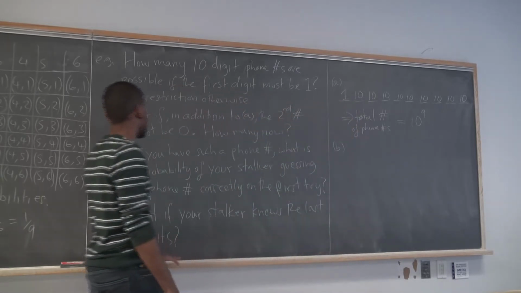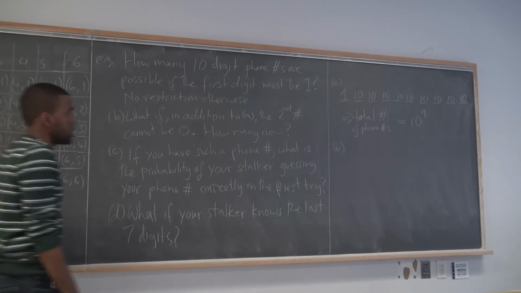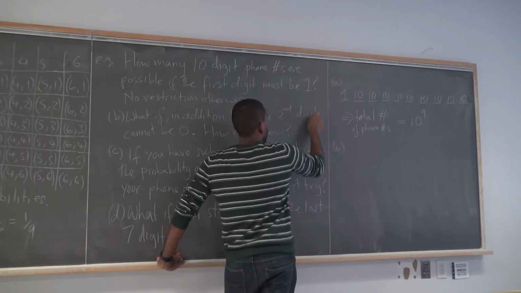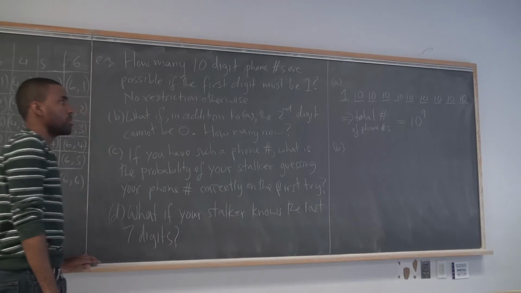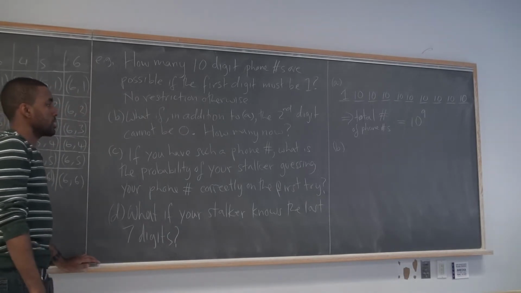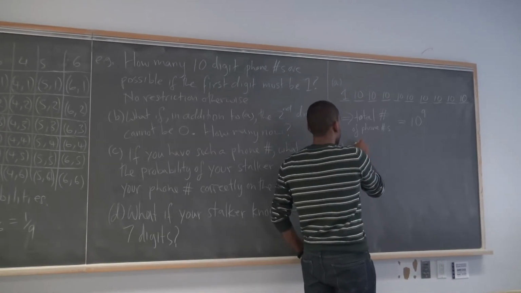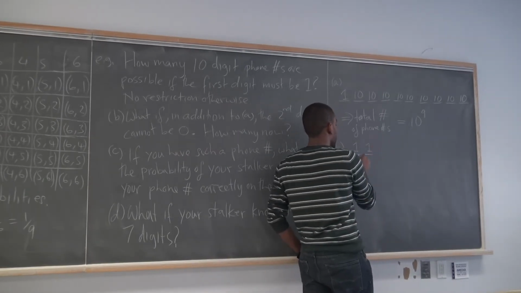For part B, we add a restriction. What if the second digit cannot be a 0? How does that change things? The first digit has to be a 1, so this must be 1.